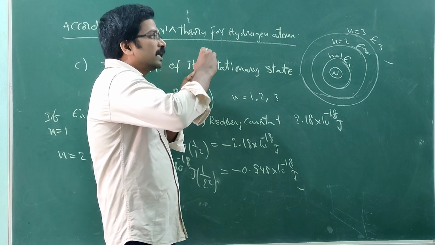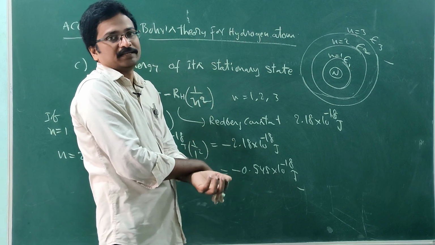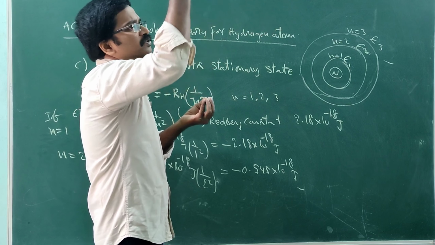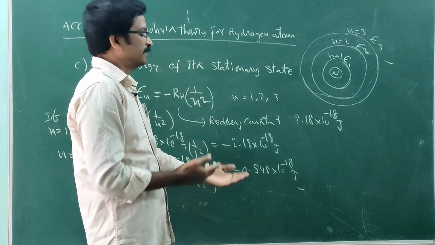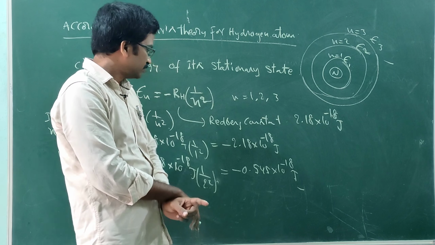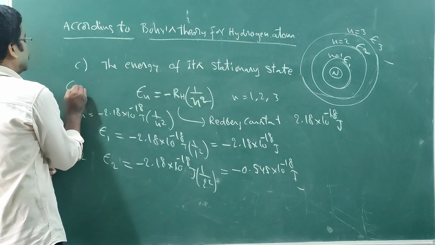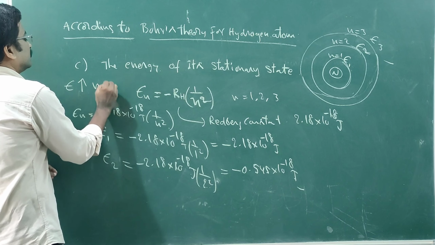So the energy of the electron increases when the electron goes to higher levels, as indicated by this equation. The energy of the electron increases with increasing principal quantum number.